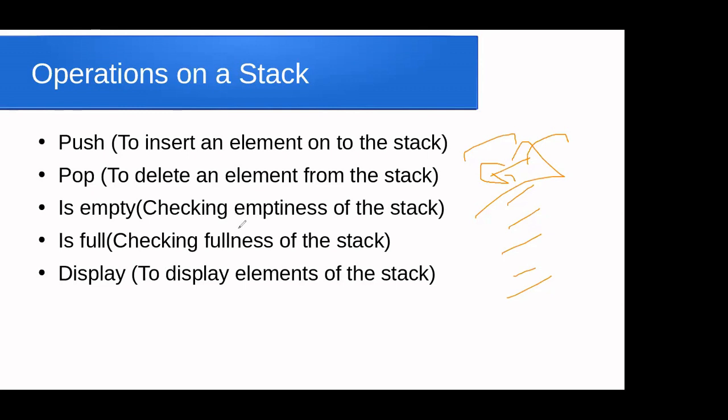Because when we declare an array, obviously it will have some limit, 10, 100 or 1000, any number. Whatever number you define during definition, that limit will be there. If that limit is exceeded, then we cannot store the data. So we need to check the fullness of the stack, whether it is full or empty.